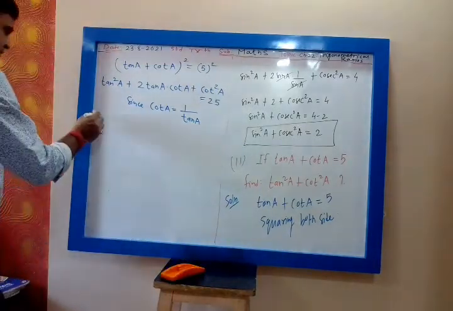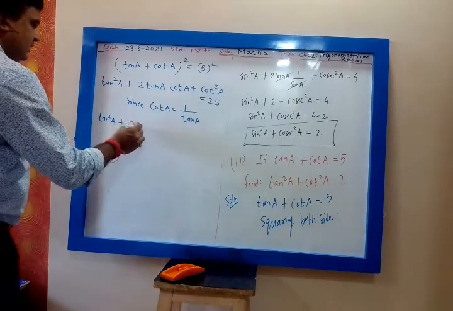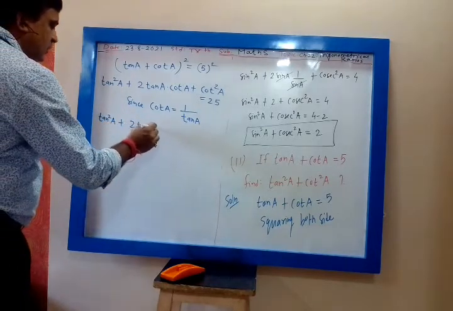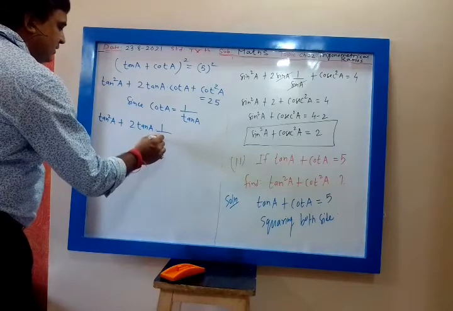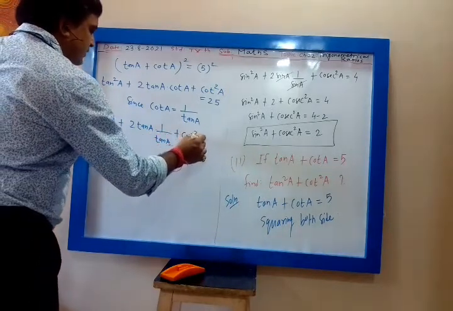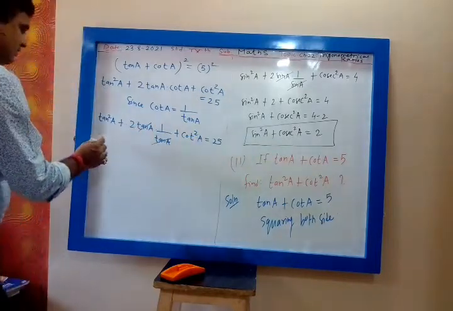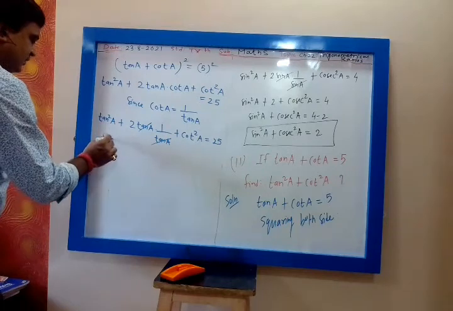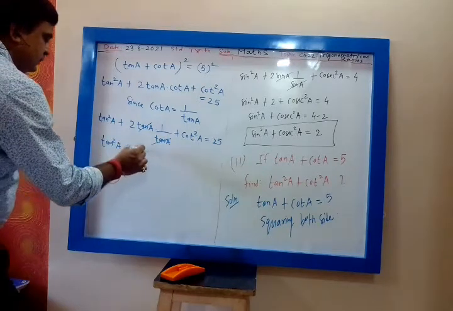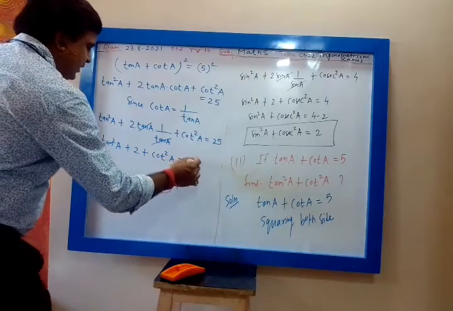So we write tan square A plus 2 tan A into 1 upon tan A plus cot square A is equal to 25. Tan A gets cancelled. So tan square A plus 2 plus cot square A is equal to 25.